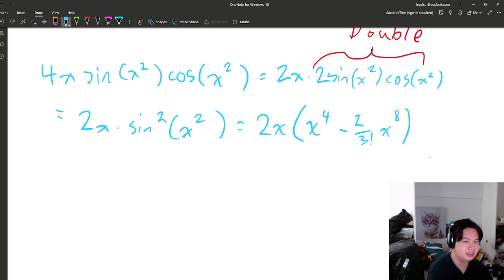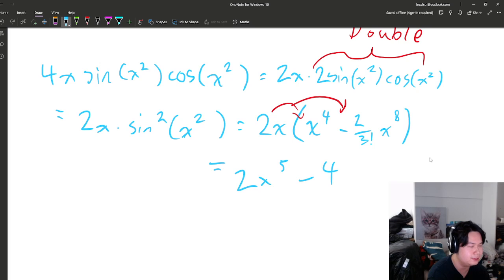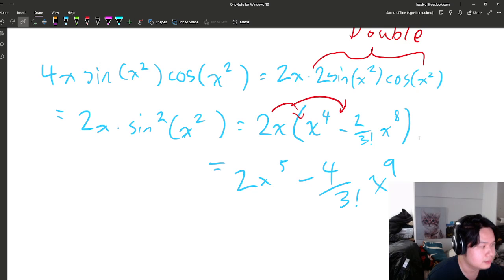Okay, and then multiply the 2x in. And you're done. 2x to the power 5 minus 4 x to the power of 9. Yeah, that looks about right.